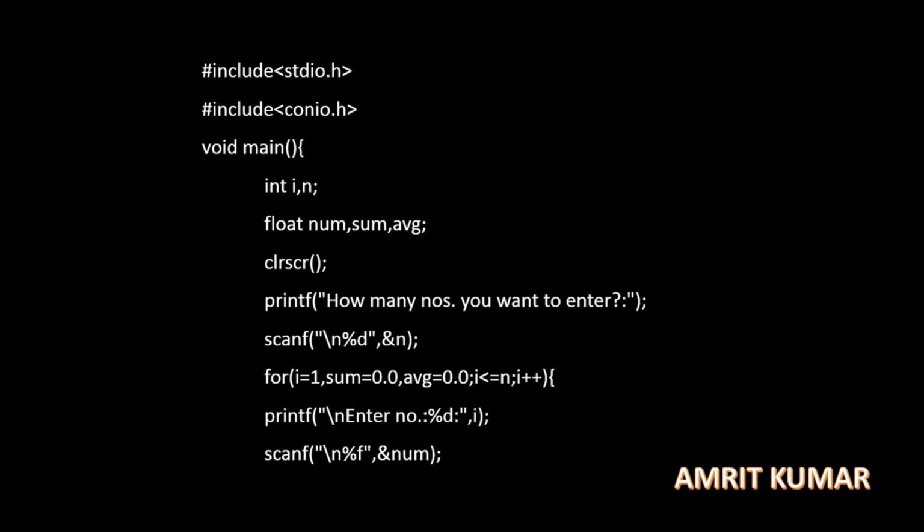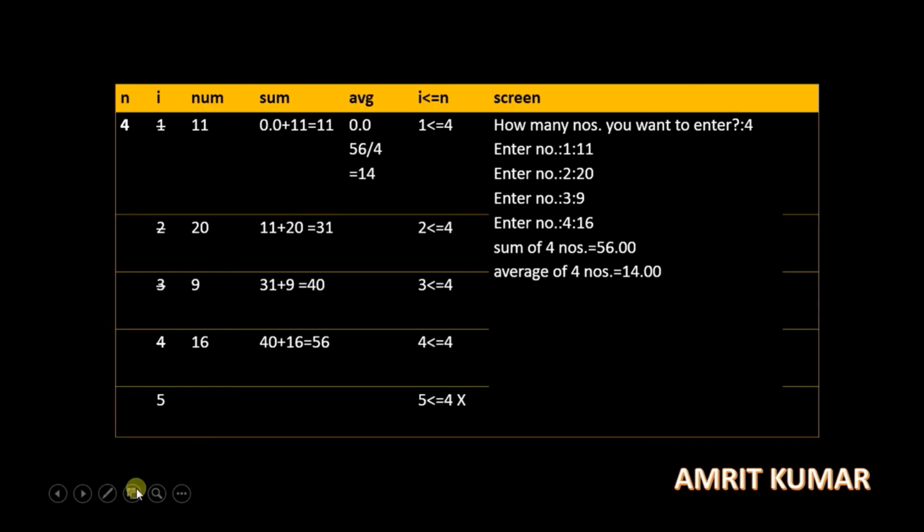It is a user defined function. How is it? Because the user is going to give the number of how many times it is going to be executed. So suppose the user has given the number 4 here.